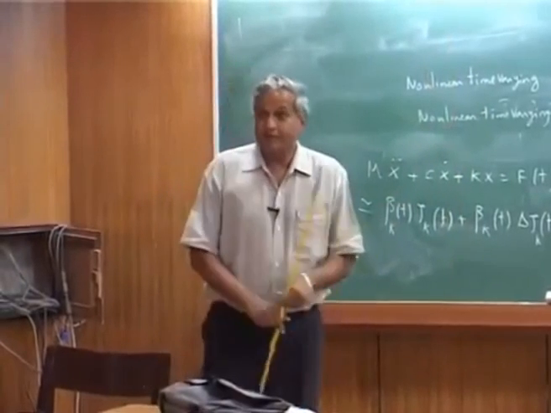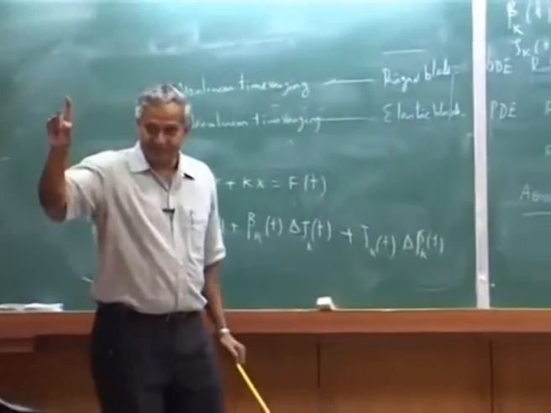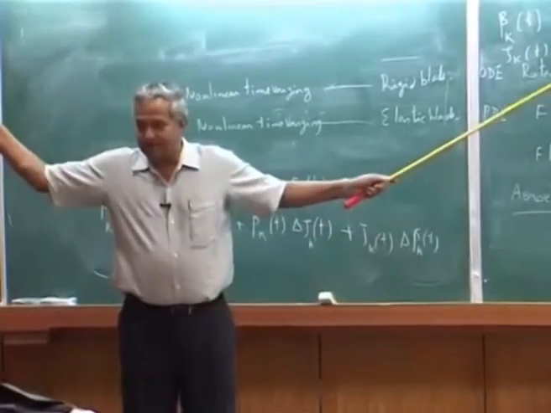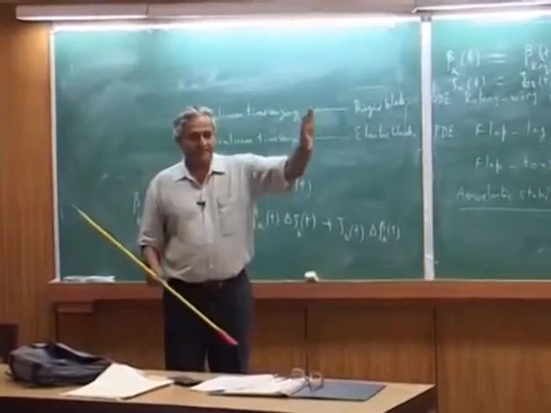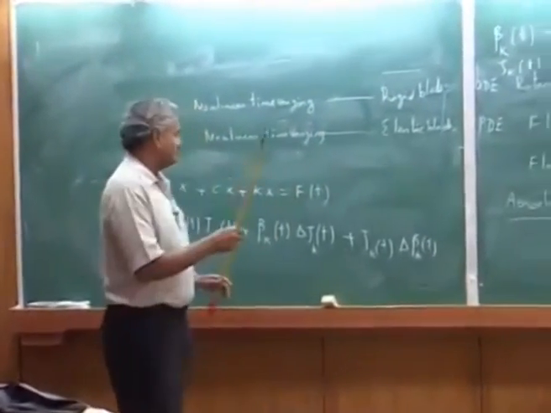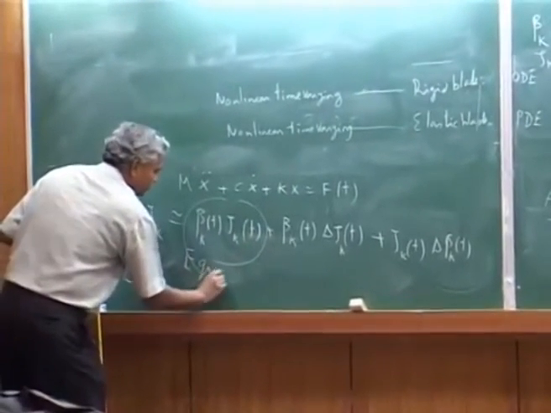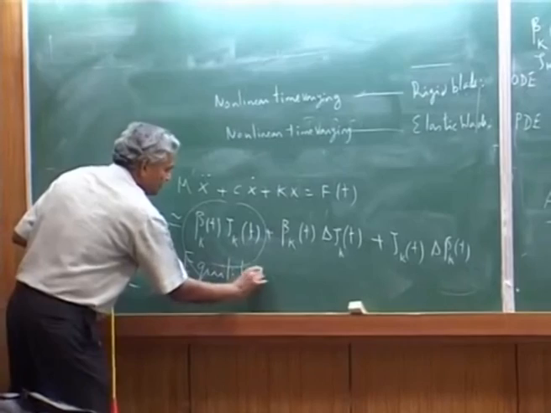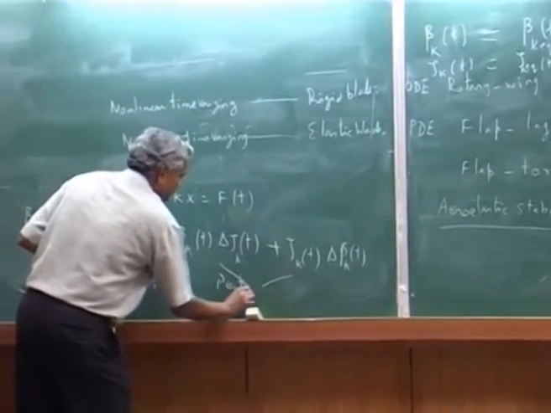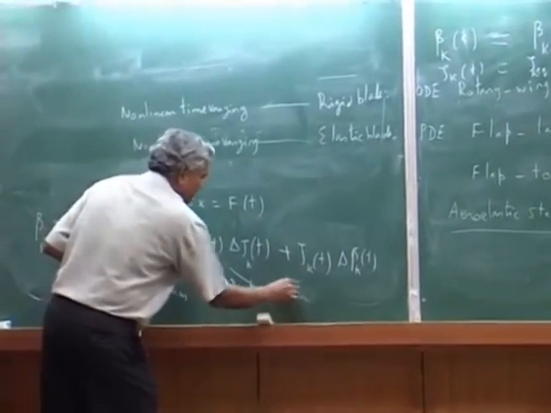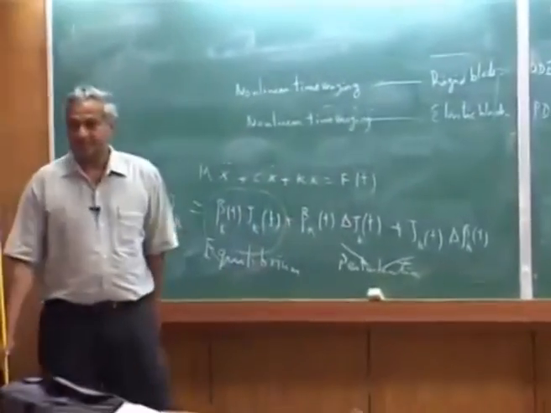Then you will get two sets of equations. What you started with as one set of equations, which is the flap-lag, nonlinear, everything, you now have two sets of equations. One set is the equilibrium equation, the terms which contain this. And these are the perturbation equations.